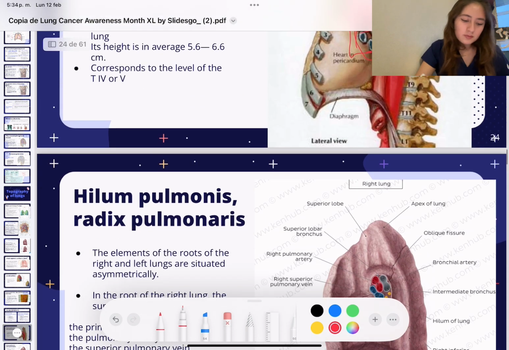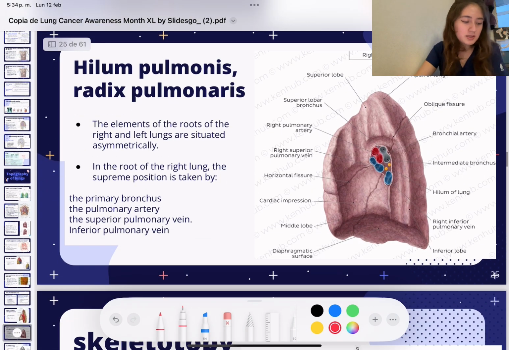The elements of the roots of the right and left lung are situated asymmetrically. In the root of the right lung, the superior position is taken by the primary bronchus, then the pulmonary artery, and the pulmonary veins, superior and inferior.